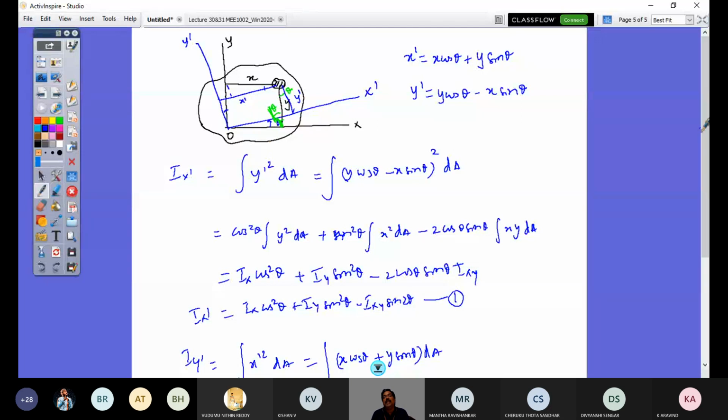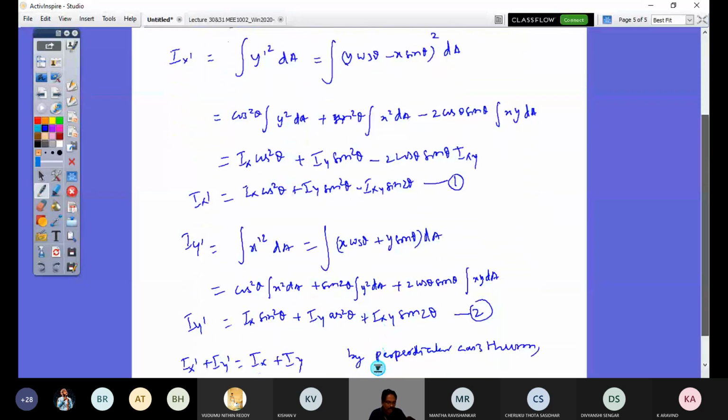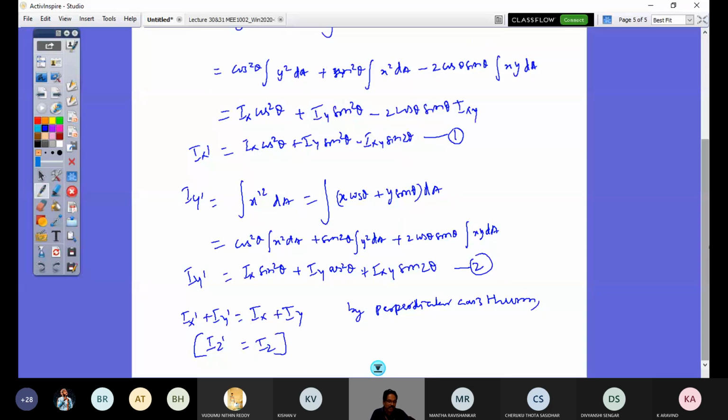So Iz dash and Iz are one and the same. That's proved here. And why did I have this relationship? Because I want to eliminate the theta and trigonometric terms. Then I want to show that these are parametric equations of a circle, so that we can represent the relationship between Ix, Iy, Ixy graphically by a circle called the Mohr circle. That is the idea.